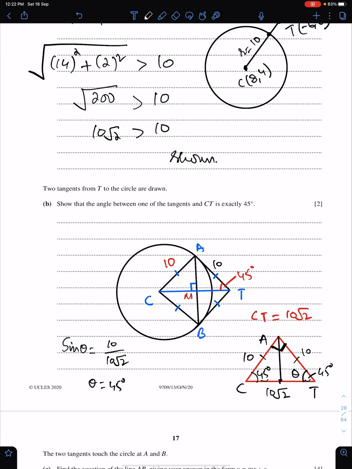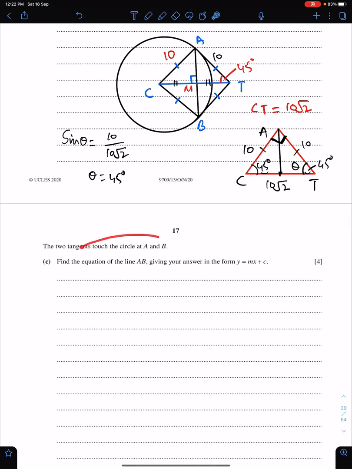These two distances must be the same. Meaning N is the midpoint of CT and AB, because this triangle is isosceles. This will help you to solve this part.